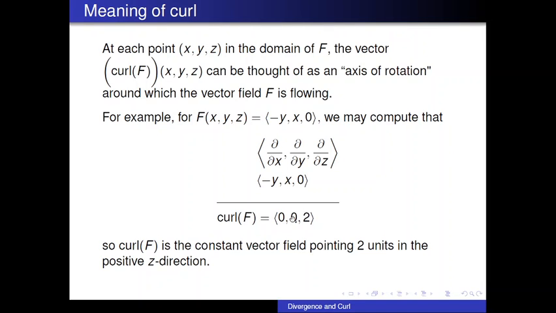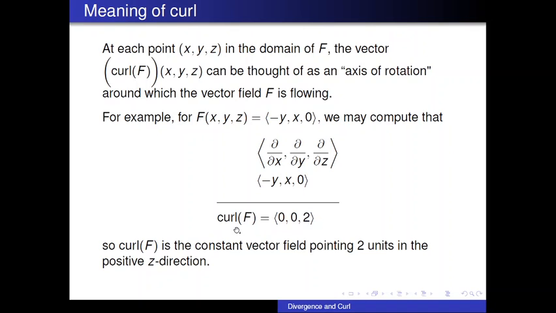That gives us 0 again. And if we cover up the first components, we get the last one here: the partial derivative of x with respect to x, that is 1, minus the partial derivative of minus y with respect to y, that is minus 1. So we get 1 minus minus 1, which is 2.